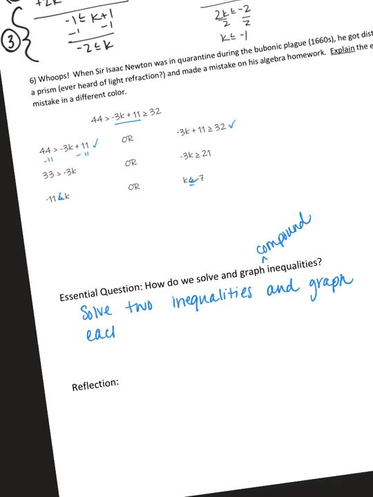Okay, if it's an and, it should graph inwards, something like this. Okay, and if it is an or, then it should probably graph out like this. Now that's not a guarantee. You have to be sure to check your work.